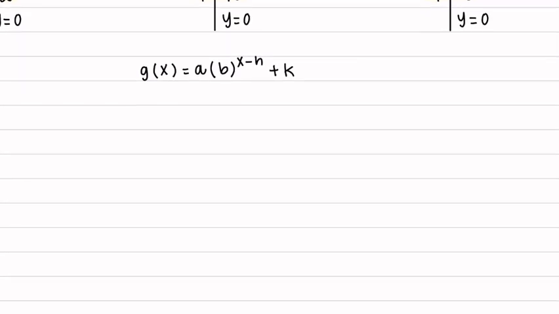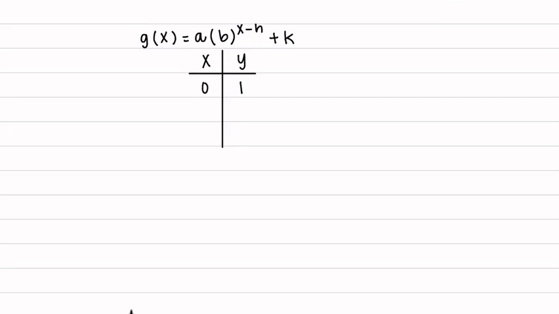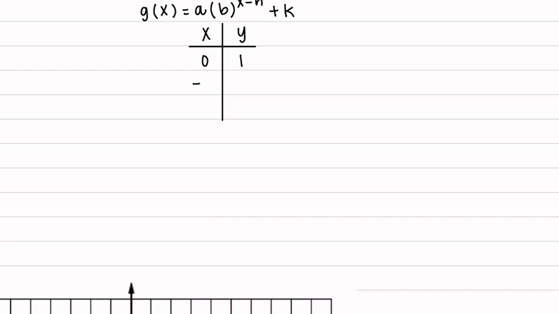And if we were to come up with a general table, our general table would be 0, 1, and then we decided we liked the -1 value better.